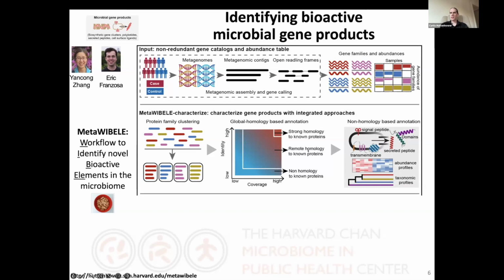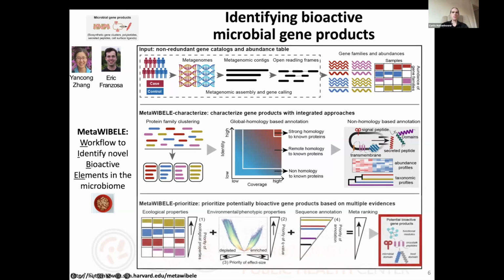Any of these proteins, even the more remote homology, can be assigned some annotations based on secondary structural features, taxonomic profiles, phylogenetic profiling, and then either the characterized or uncharacterized protein families are prioritized with respect to a phenotype of interest based on these sequence features, ecological properties like how they are distributed among the population.